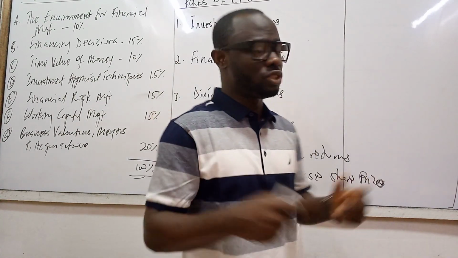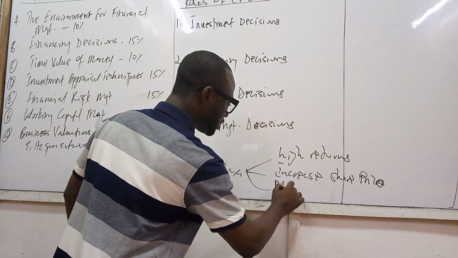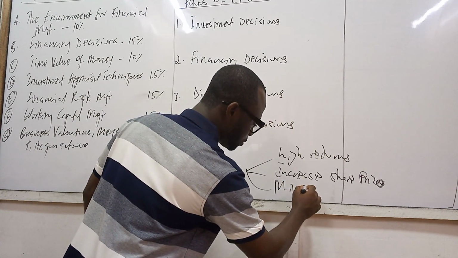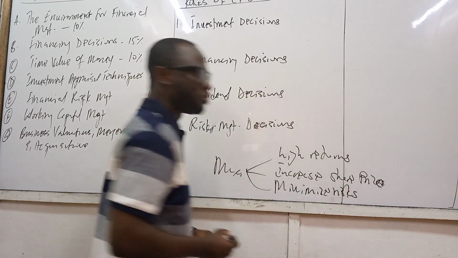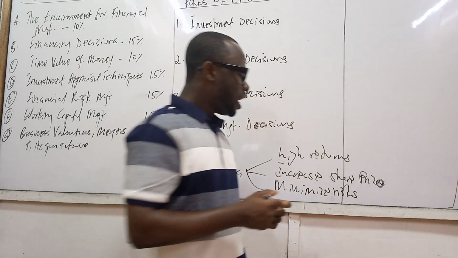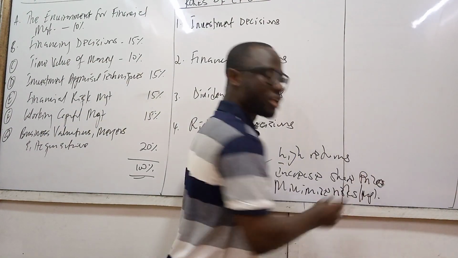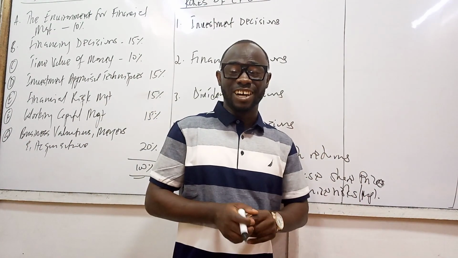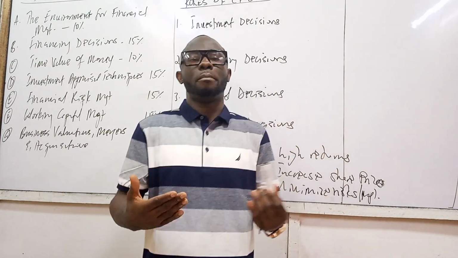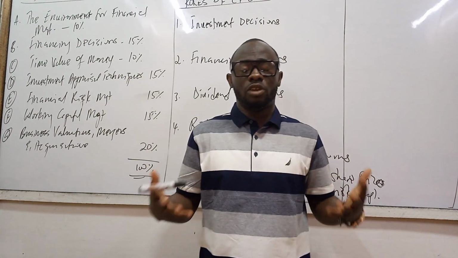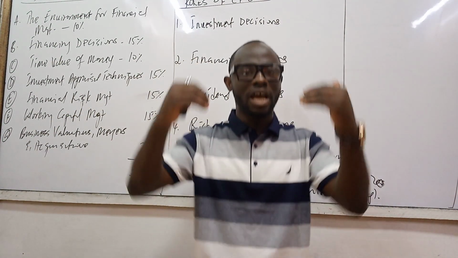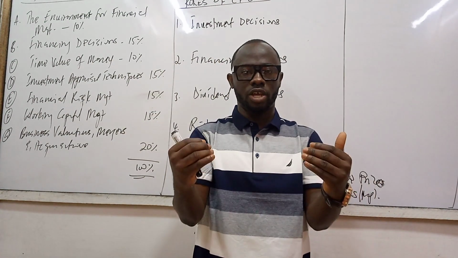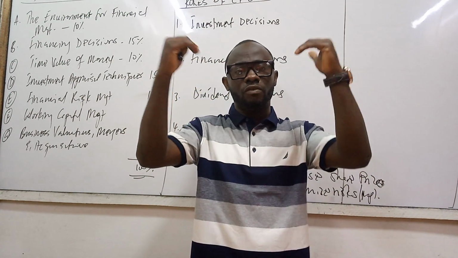And then number 3 is to minimize whatever risks that their money is going to be exposed to. We minimize risks. What it means is that we're going to manage the risks, which is something we're going to be looking out for later on. So remember, our objective as a for-profit organization is to maximize the wealth of the shareholders.